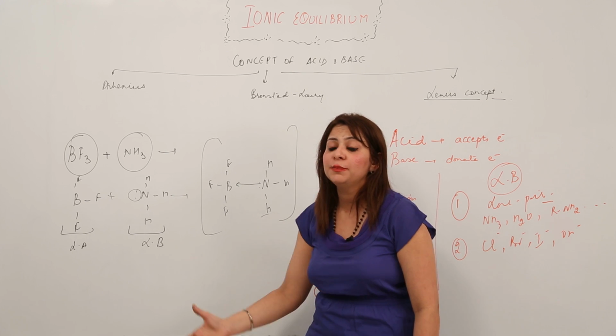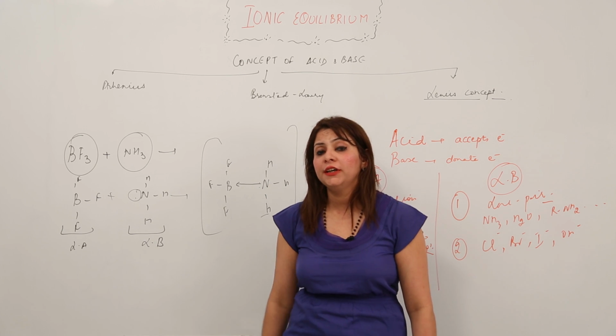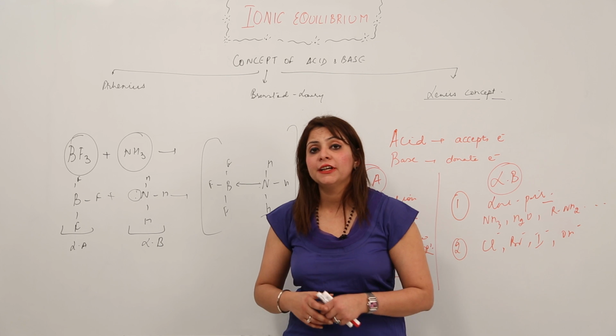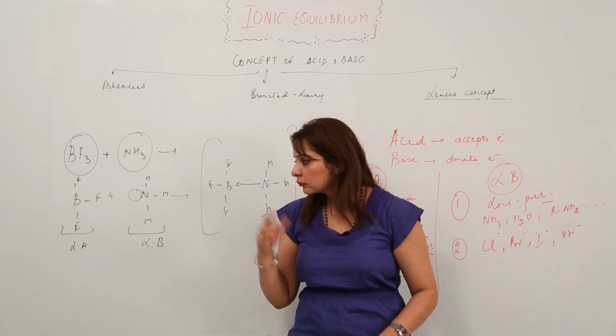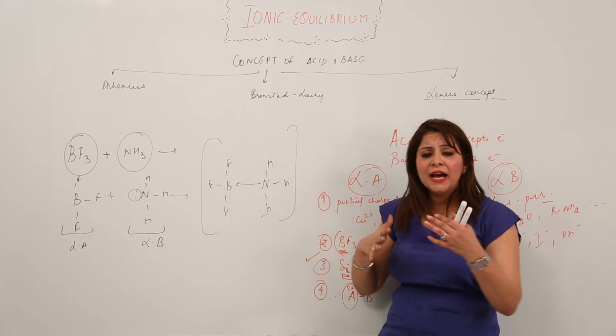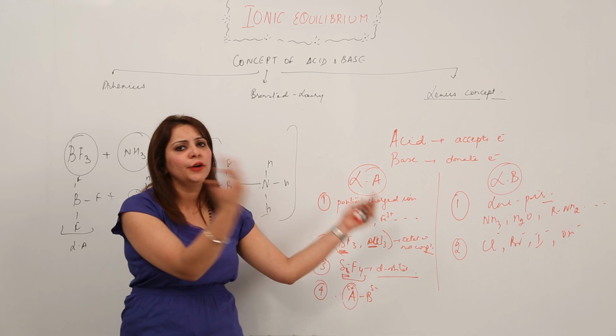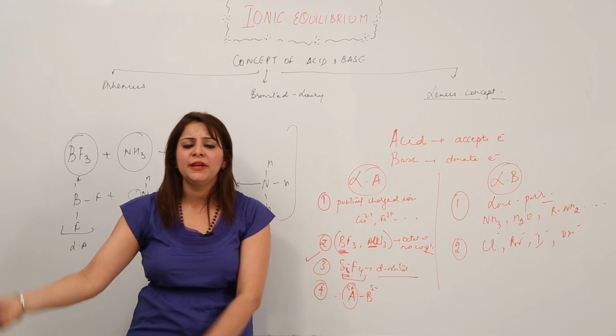He was unable to answer because whatever he explained, he explained on the basis of the formation of a coordinate compound or coordinate bond. Moreover, he didn't take into consideration the strength. I didn't explain anything about strength, that according to Lewis, something is going to behave as a strong acid or a weak base.